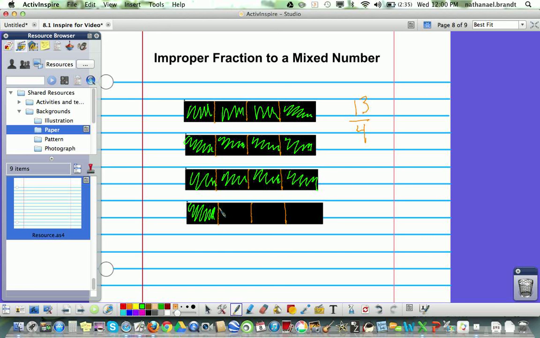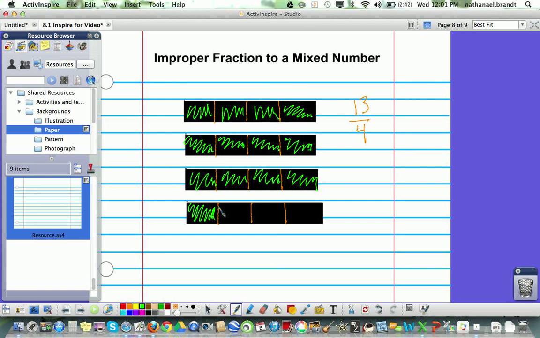So I've got 13 fourths, and basically when you're taking an improper fraction to a mixed number, you're grouping together or finding out how many wholes of whatever it is that you have. So in this case we're just going to call them candy bars like I've been doing.